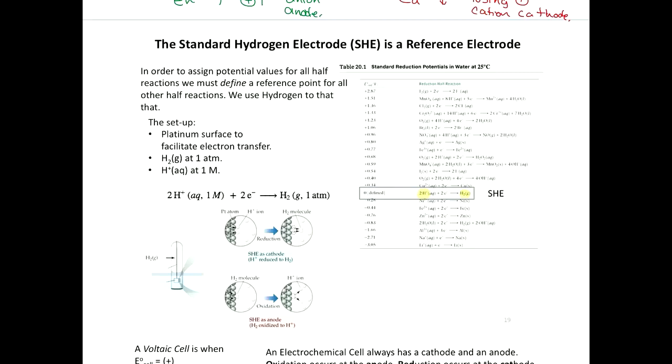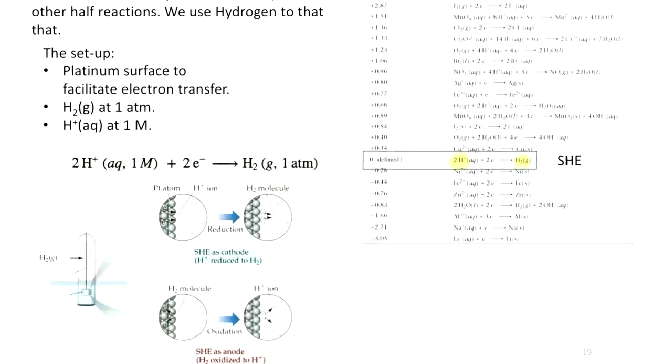And so how they measure the potential for the standard hydrogen electrode, you can think this half reaction involves acid and it involves gas. So this standard hydrogen electrode is quite complex.